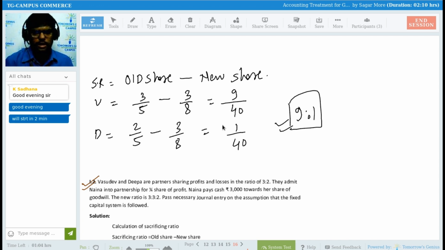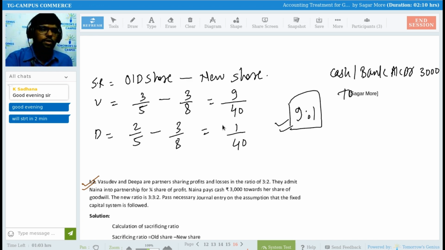Naina pays cash of rupees 3,000 towards her share of goodwill, sir. So which entry do we have to pass? Cash or bank account debit, right? How much? 3,000 rupees. And we have to credit Vasudev and Deepa in the ratio of 9:1. Which account, capital or current, do we have to credit?